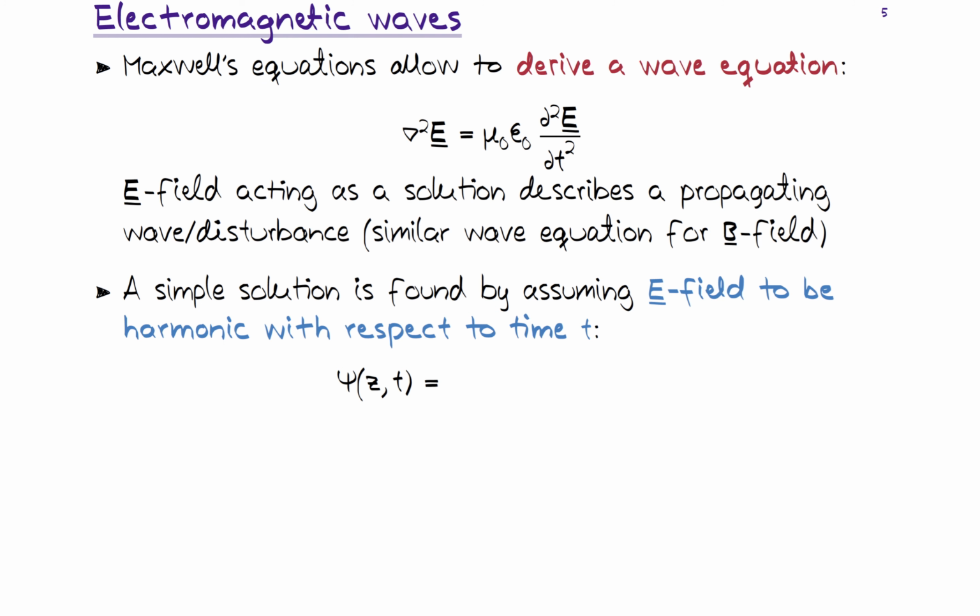The simplest form we can imagine is that we have some constant amplitude for the wave, telling how strong the field is, how much energy it is transferring from point A to point B, and then sinusoidal modulation that depends on the spatial location, the z coordinate, and on time. And then we have this wave vector k here.